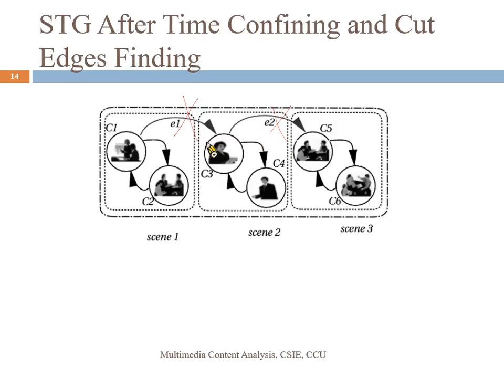We can cut this one. So if we cut these two edges, we have a subgraph consisting of C1 and C2, another subgraph consisting of C3 and C4, and another subgraph consisting of C5 and C6. So these three subgraphs represent three different scenes. So this is how the author proposed to use the STG to do scene change detection.